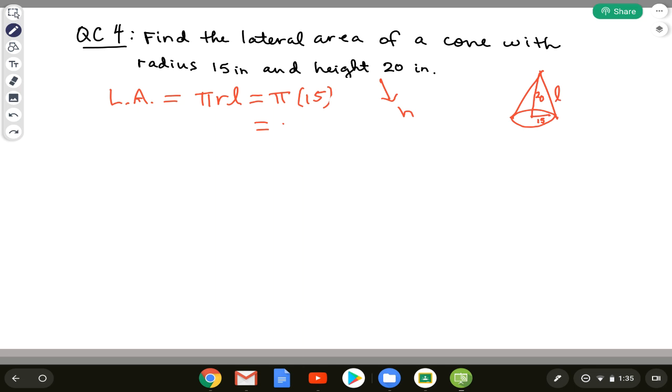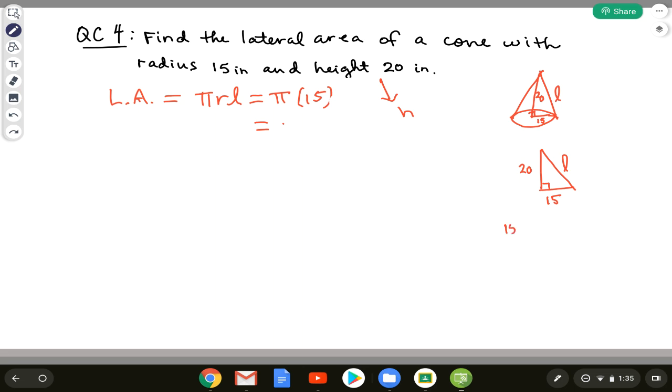So what I'm going to think about is that the height of the cone with the radius and the slant height all make a right triangle. So if I need to know the slant height, well, it's just the hypotenuse of the right triangle, and I can use the Pythagorean theorem.